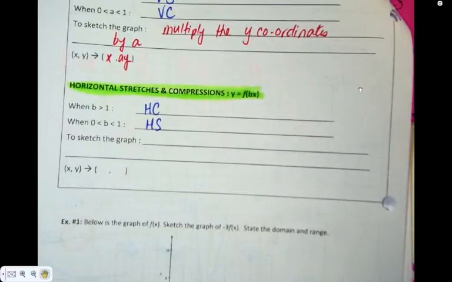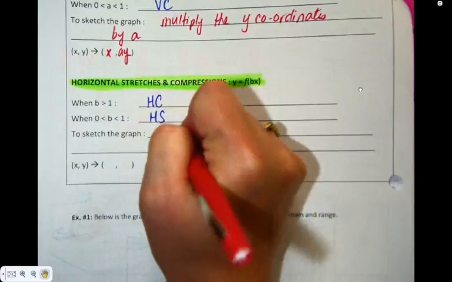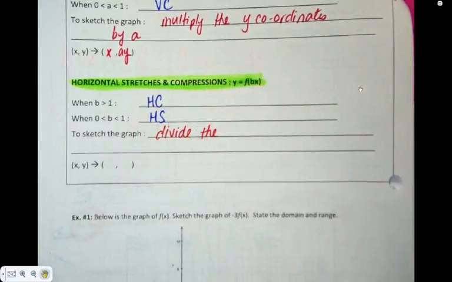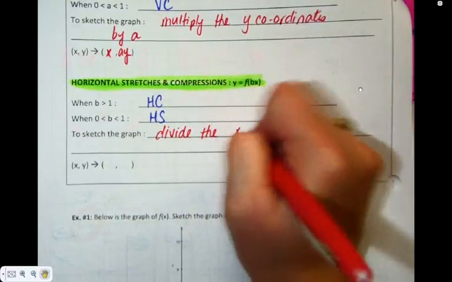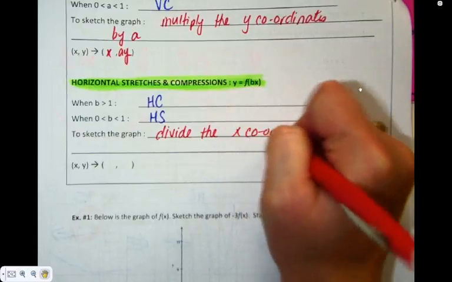You know how the horizontal things kind of have that backwards feeling? Remember with translations, when the number's positive, we move to the left, and when it's negative, we move to the right. It's got kind of that backwards feel. Same idea here. We're not going to multiply. We are going to divide the x coordinate by b.